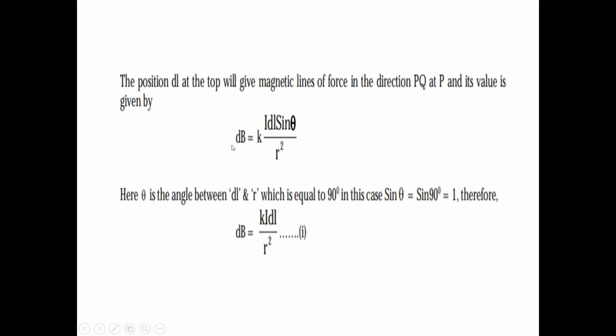So finally, the small magnetic field intensity dB is equal to K I dl by R square.